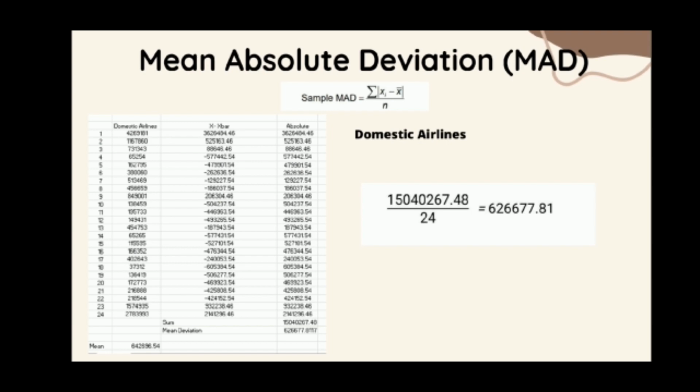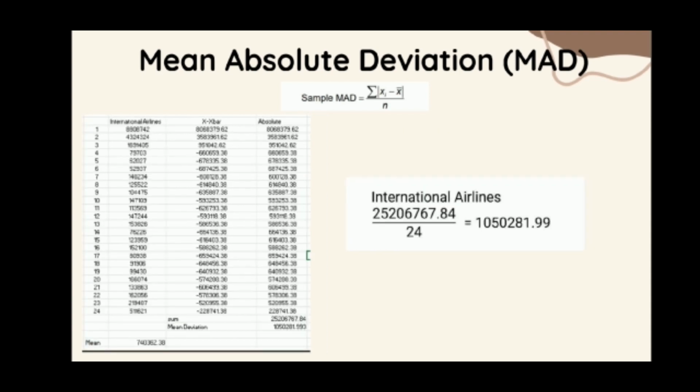For step 2, subtract the mean from each observation and then convert to positive if the difference is negative. Then step 3, the mean deviation is the sum of the absolute differences between x and the mean divided by the number in the sample. So the mean deviation for domestic airlines is 626,677.81, which is smaller than the international airlines' value of 1,050,201.99.